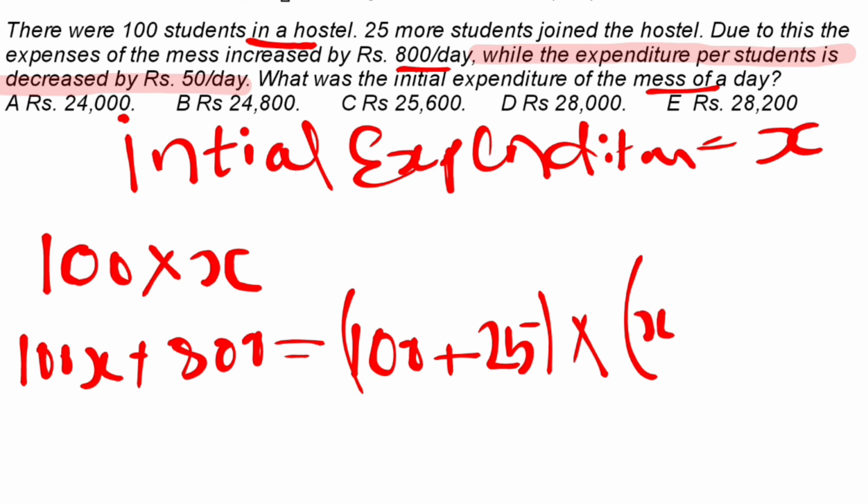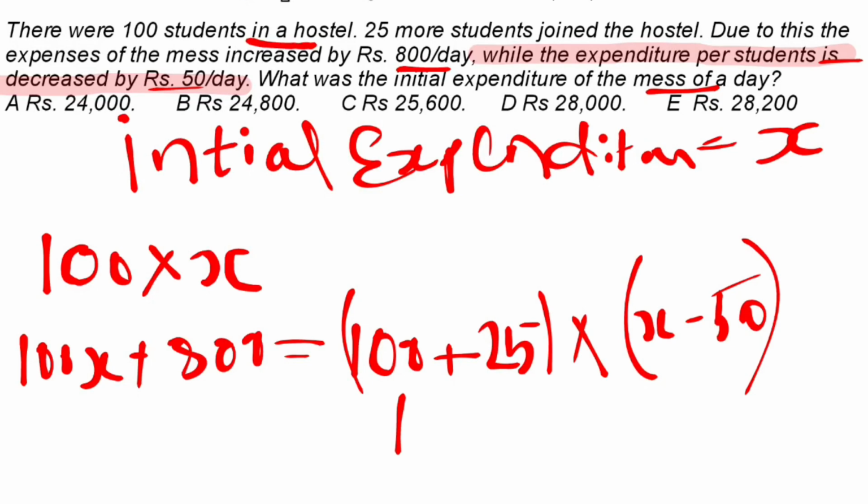So after 25 members are added, the expenditure per student is X minus 50.